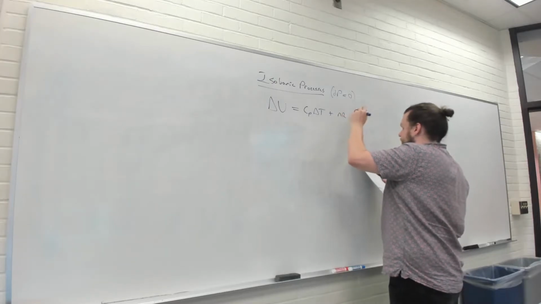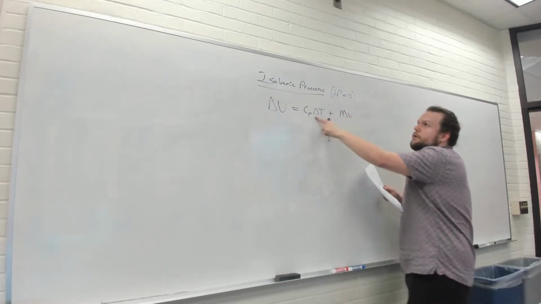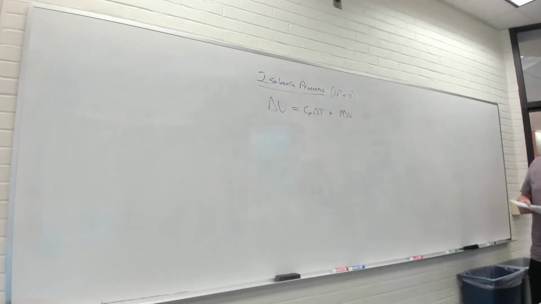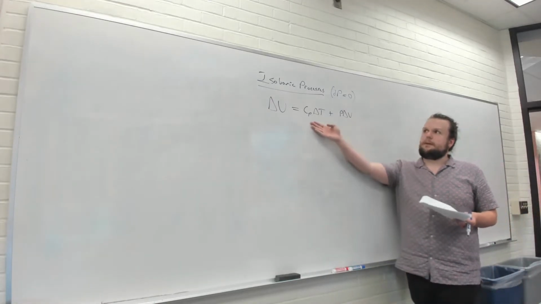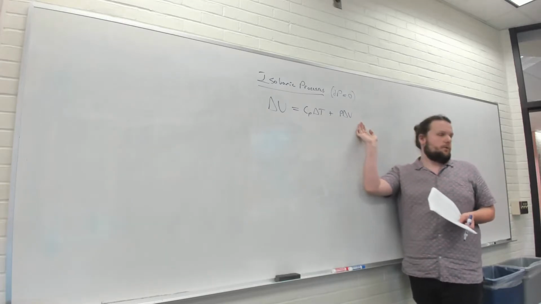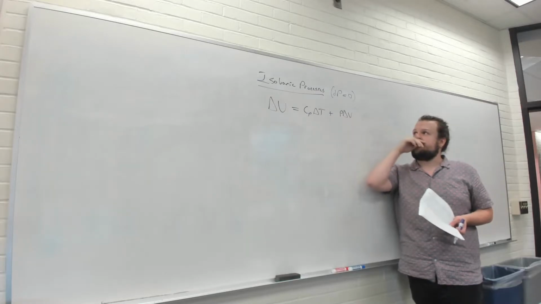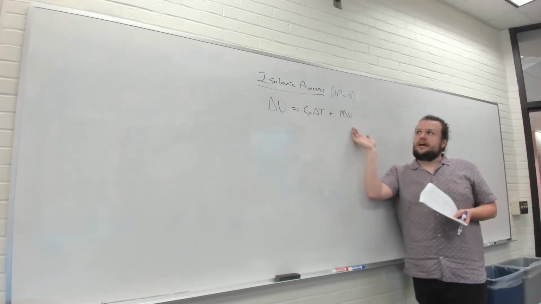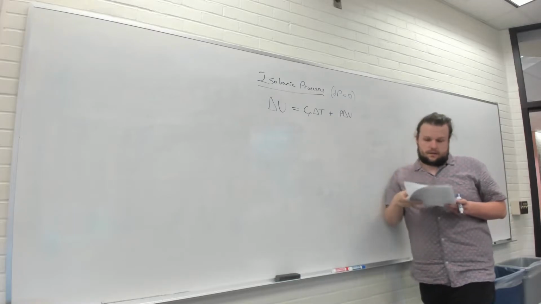It's a little bit of work and a little bit of heat. All right. So any sort of isobaric process is going to have a mix of the two. Right? And depending on which path we take, we're going to get a lot more heat or we're going to get a lot more work. Right? Depends on which path we want to take. If there's a lot of V or a lot of T. So that's not very helpful. Right? We need to do something a little more interesting than that.